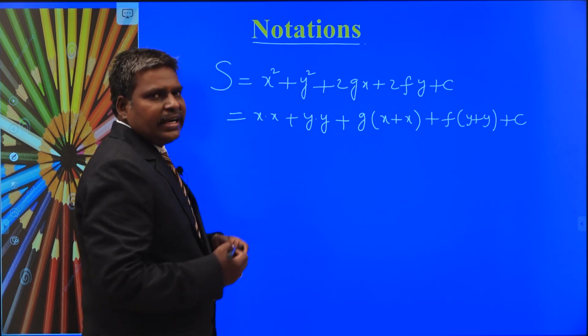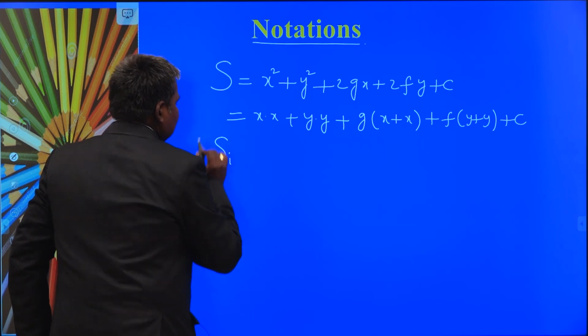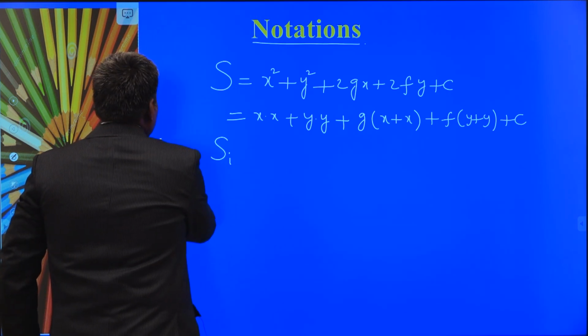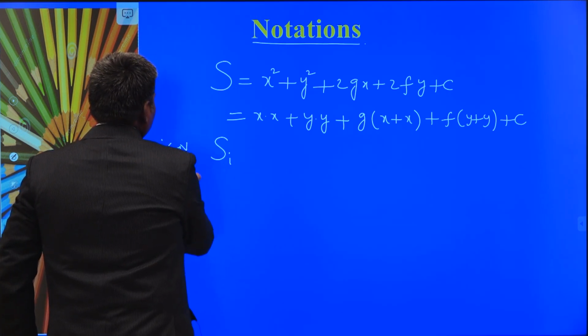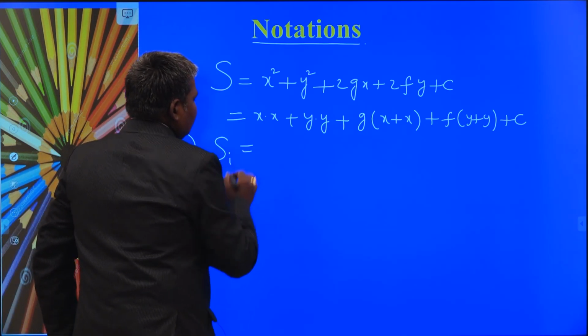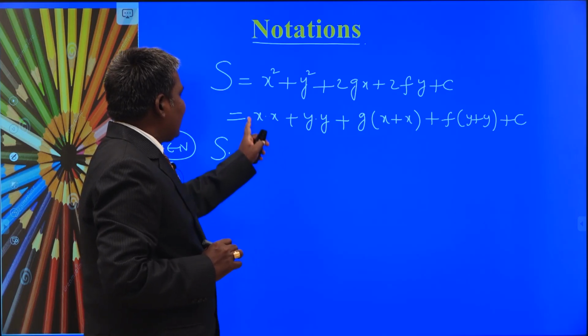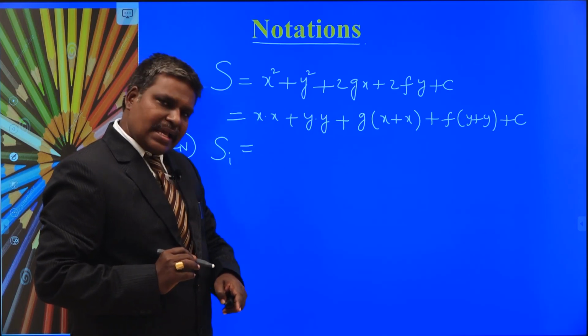Now, I am going to write the next notation as S_i, S suffix i, where i belongs to natural numbers. S_i is obtained from the above equation by replacing one x by x_i and leaving the other x as x.